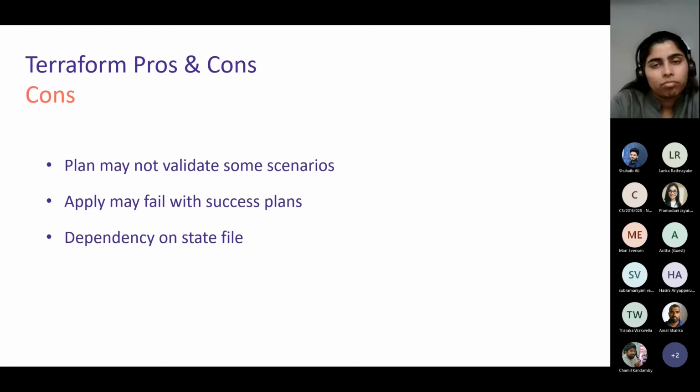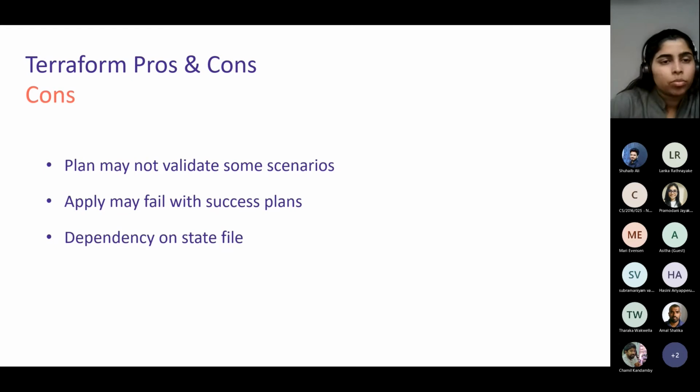That's a con, the main con of Terraform. And another thing is we can pre-validate your resources using Terraform plan, but success of Terraform plan does not guarantee the success of the Terraform apply command. That's another problem with Terraform.